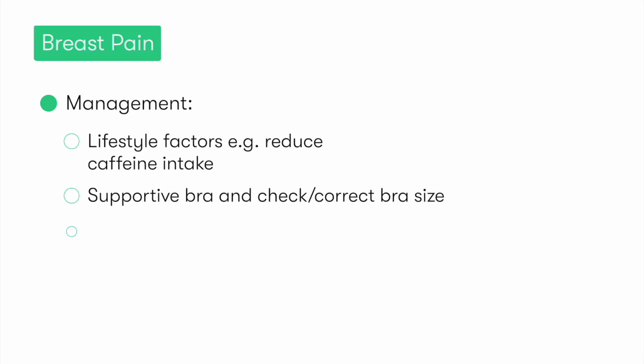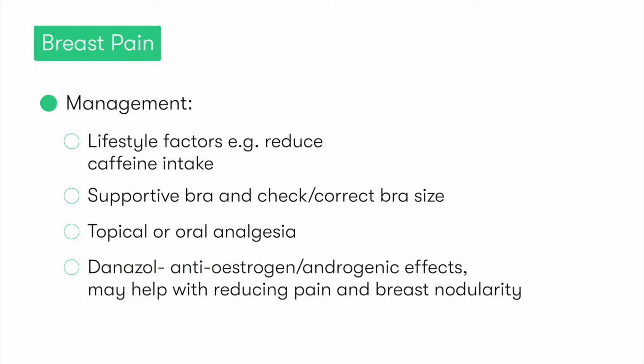In addition, we can also use topical or oral analgesia, which can significantly reduce the impact of the symptoms. And in some cases, we can use medications such as danazol, which has anti-estrogen and androgenic effects, and can offer significant relief of symptoms in patients with severe mastalgia and symptomatic breast nodularity.